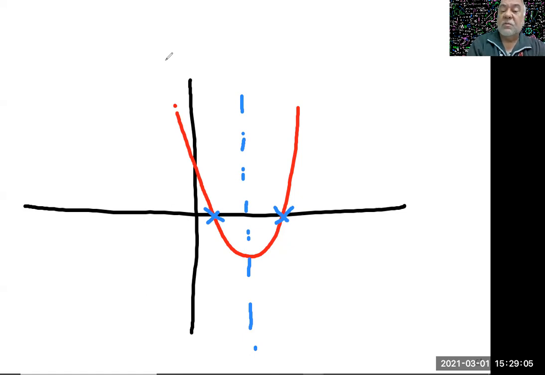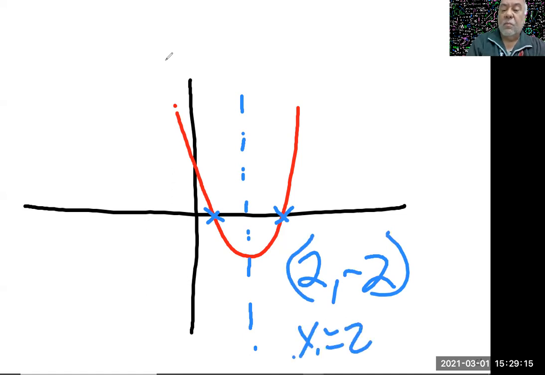If this vertex was at, say, (2, -2), the axis of symmetry would be x is equal to 2, because that's this line here crossing the x-axis. Okay, so there's the 2 x-intercepts, the vertex right here, and then the axis of symmetry.